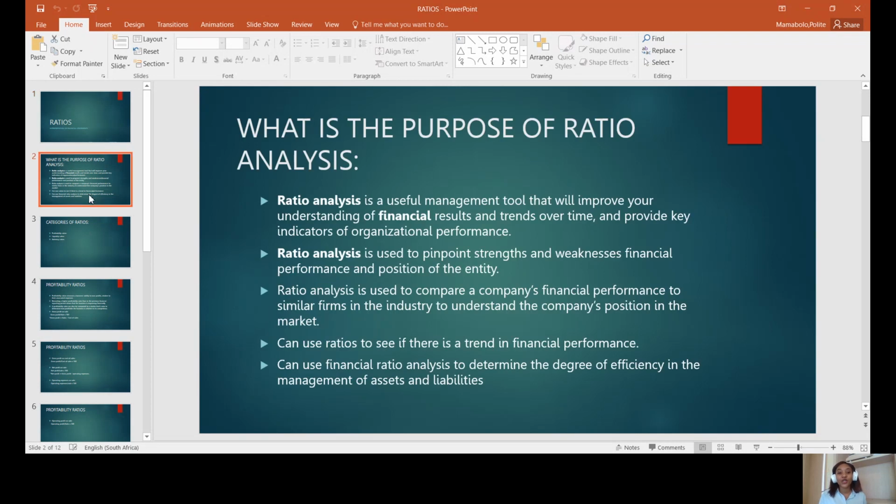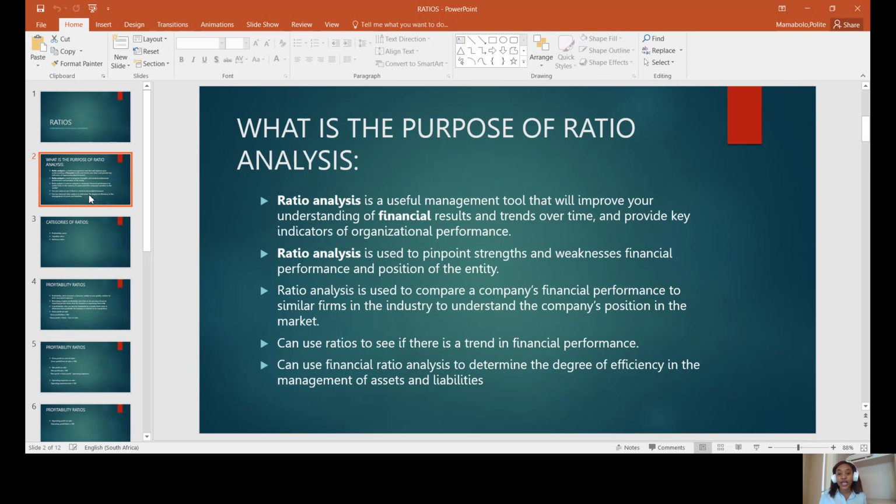What is the purpose of ratio analysis? Ratio analysis is a useful management tool that will improve your understanding of financial results and trends over time and provide key indicators of organizational performance. It is used to pinpoint the strengths and the weaknesses of the financial position and performance of the entity.